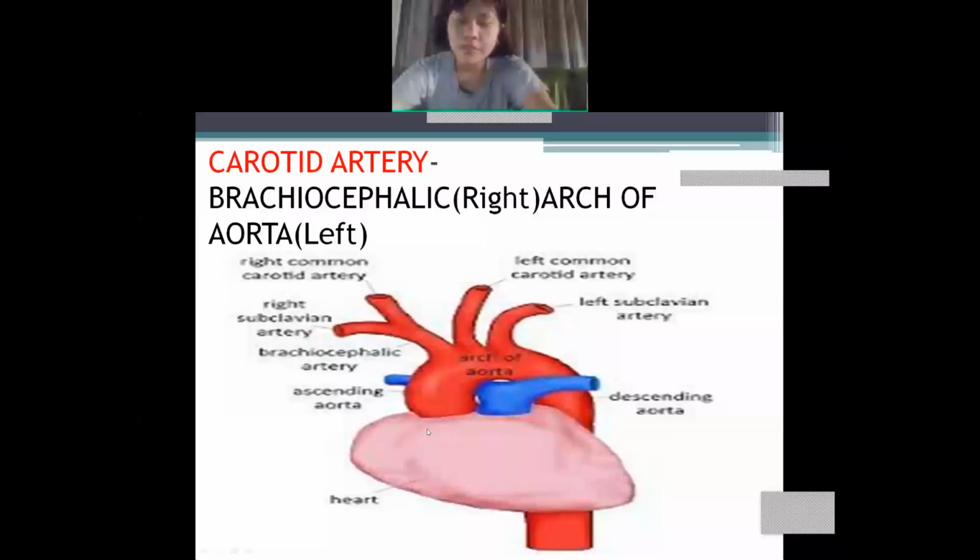It starts from the upper part of the left ventricle. Your heart is divided into four chambers. I guess you remember; we will study it in the next class. So this is the left ventricle. Outside of the left ventricle, you will find the arch of the aorta, where it usually begins.